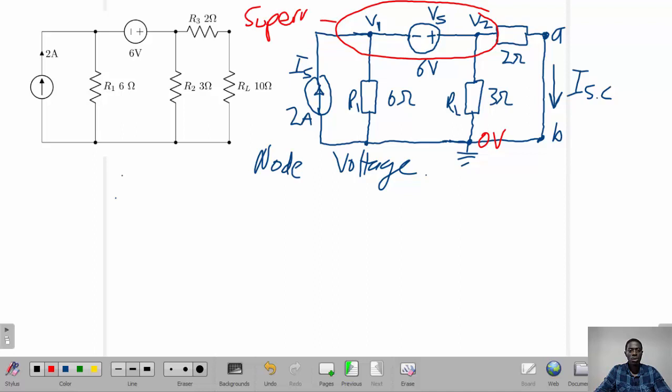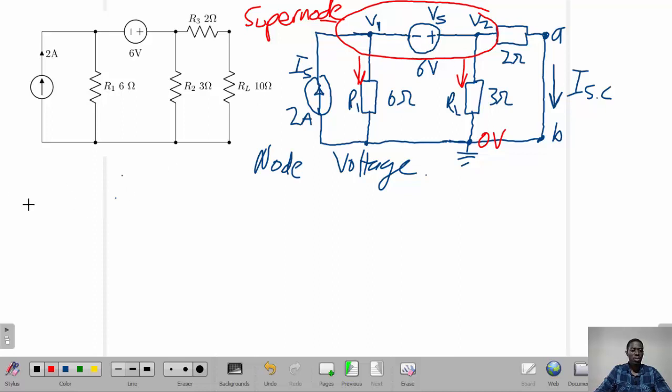So knowing that this is a supernode, then we're going to have several equations. Here at resistor 1, we've got the current flowing into ground, and we've got the current flowing also there into ground. We've got the current source entering that supernode.